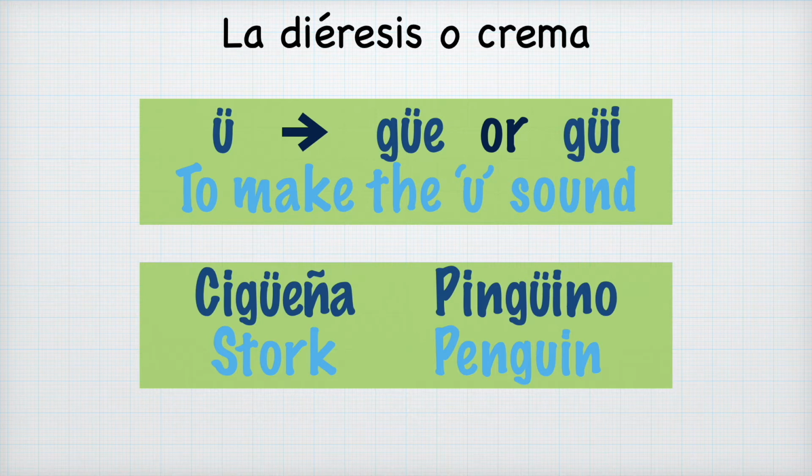If the diéresis were not above the U, these words would sound like cigueña and pinguino. So it sounds very different. So remember, when you see the little dots above the U, we're going to make the U sound.